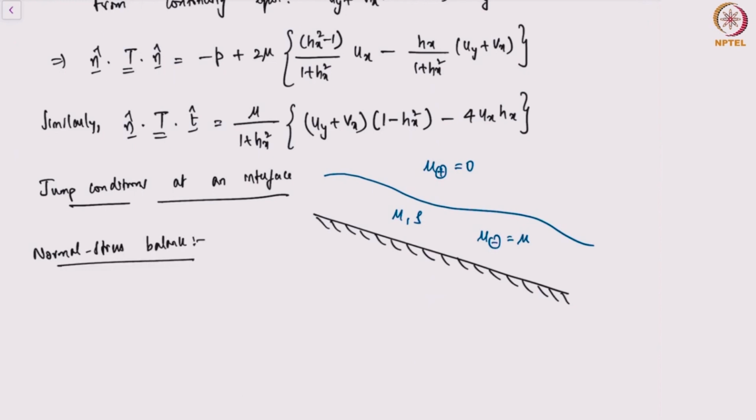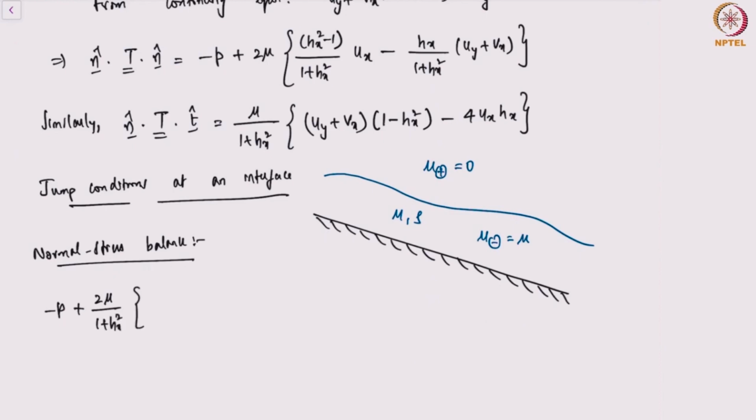So we start by writing down the normal stress balance as n dot T dot T minus, that's the first term. So I have minus p plus 2 mu by 1 plus hx square, hx square minus 1 into ux minus hx into uy plus vx.